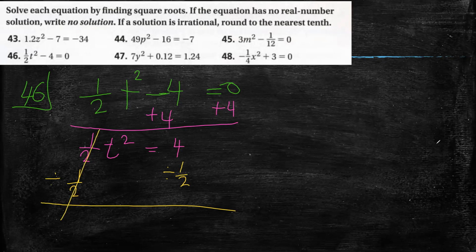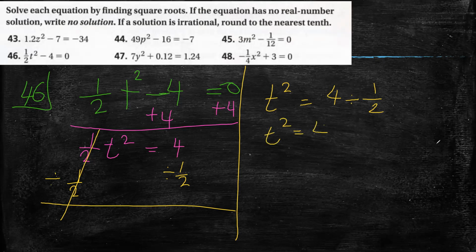What will you get now? t squared equals 4 divided by half. Is it right? Yes. The first number, keep it as it is. Change the division to multiplication and write the reciprocal of half, which is 2.